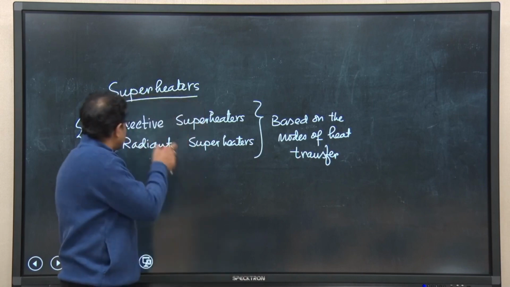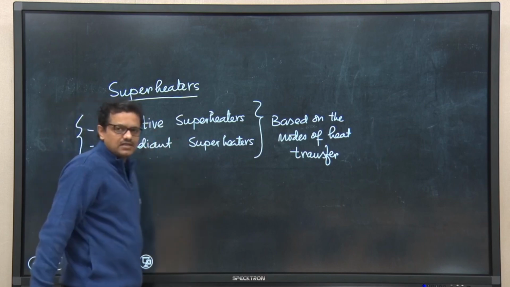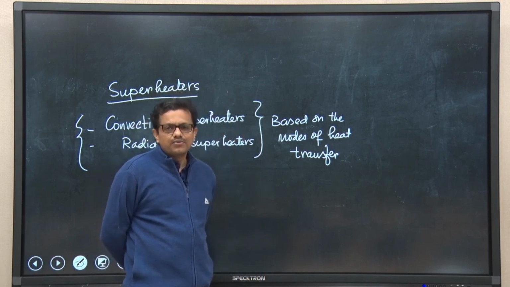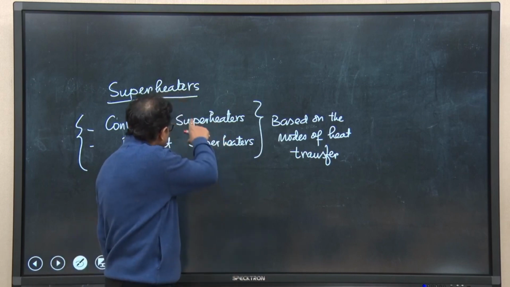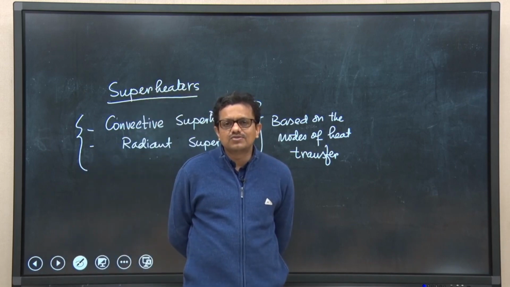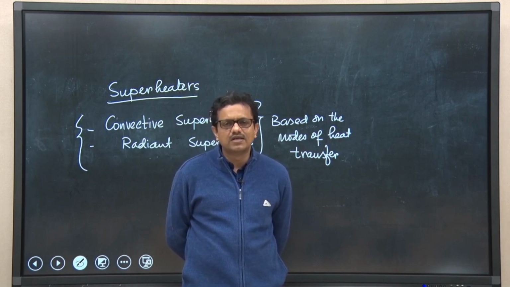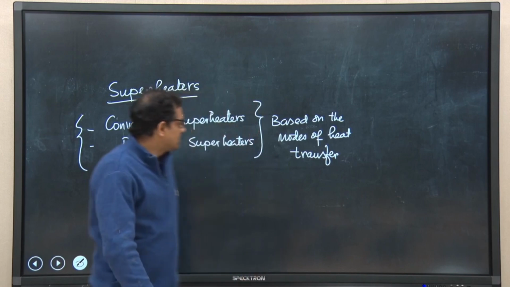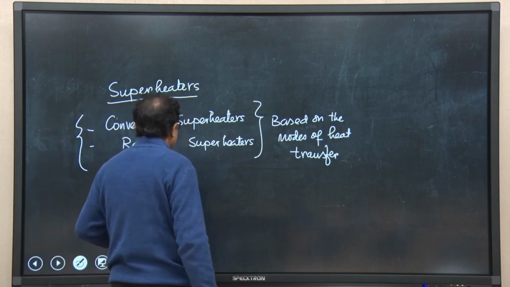When we are talking about convective superheaters or radiant superheaters, the mode of heat transfer is the basic criterion for which we have arrived at this sub classification. But when there is flow of steam through the superheater and flue gas also flows over the superheaters, then depending on the flow configuration, superheaters can be classified into two categories again.